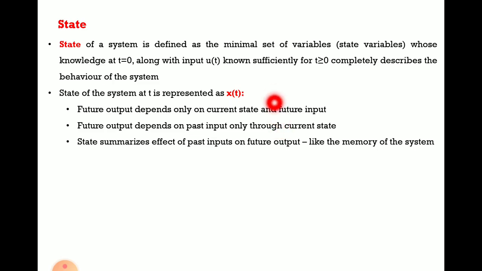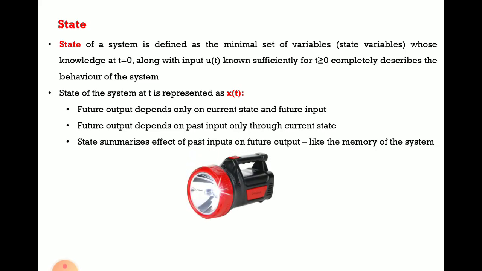So to understand these properties, again we will look at an example. A rechargeable light. Here the state is the current state of charge of the battery. If you know current state, then you need not know how that level of charge was achieved to predict the future performance of the flashlight.